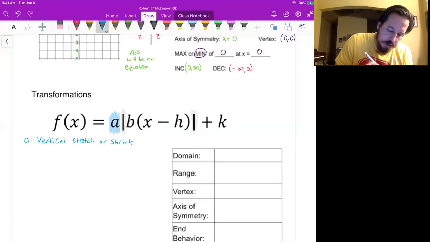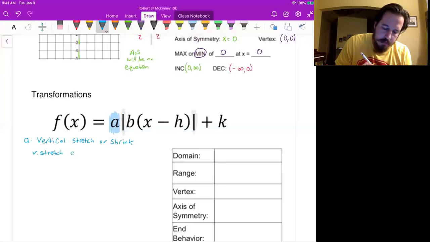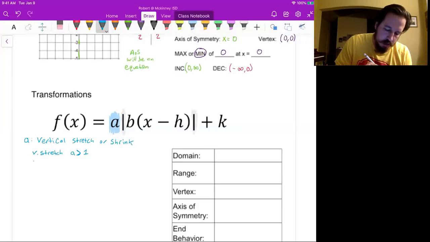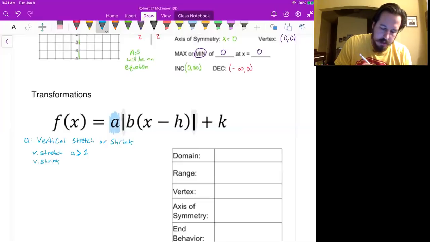It will be a stretch if that A value is greater than 1. And it will be a shrink if that A value is between 0 and 1.